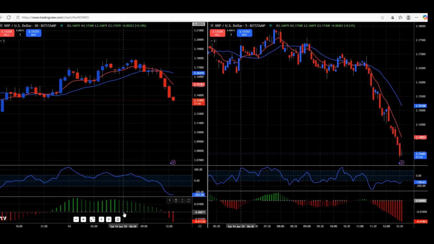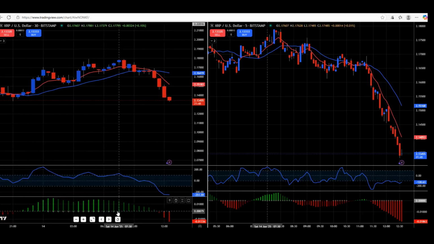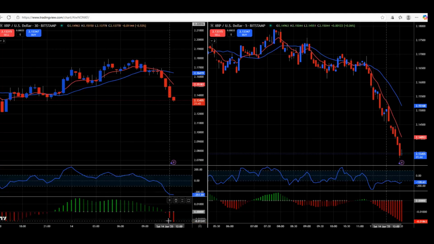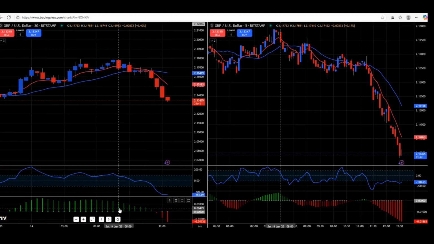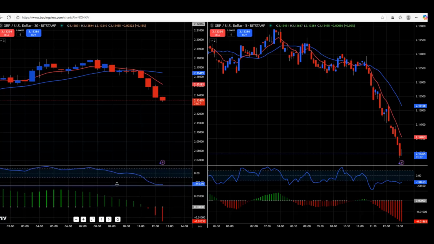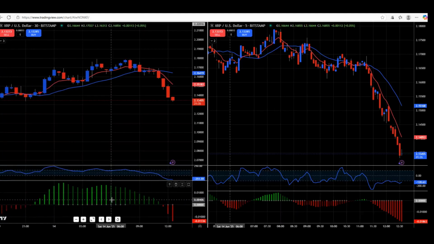One of the key things is that there's a color change, not just from green to red. Let me zoom in a little bit, make it a little bigger for you guys so you can see exactly what I'm talking about. You see how it's green, and then it goes from bright green to dark green to bright green again.